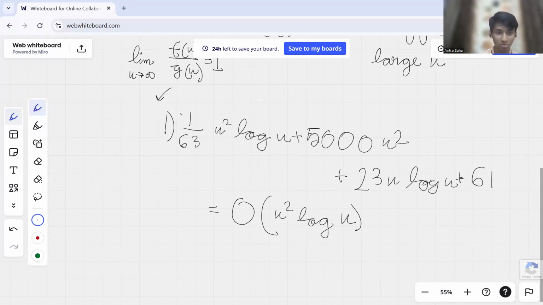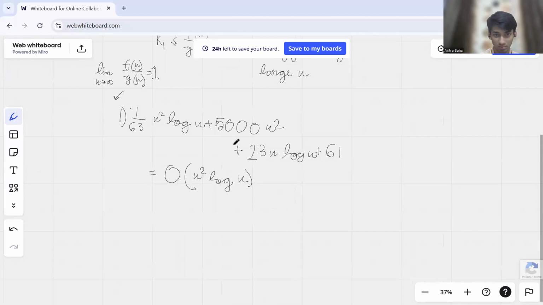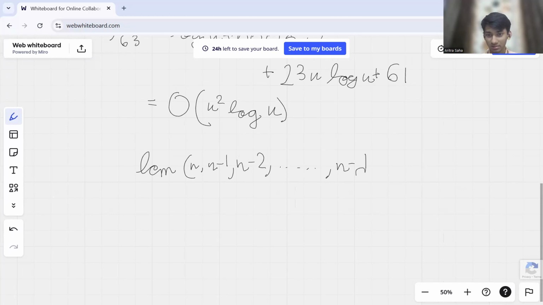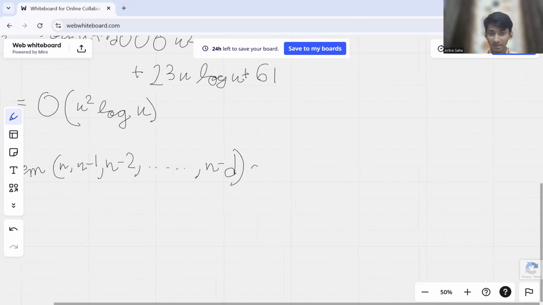Now I'll go straight to a simple problem. You have to prove that the LCM of n, n minus 1, n minus 2, till n minus d has the same growth rate as n to the power d plus 1.